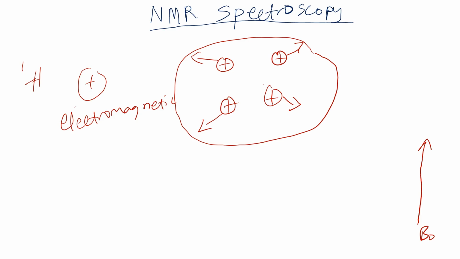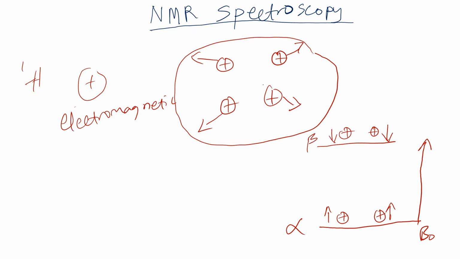Those that align in the same direction as the magnetic field, we call them the alpha state, while those aligning in the opposite direction, we call the beta state.